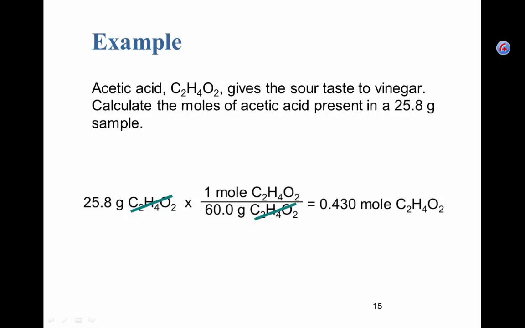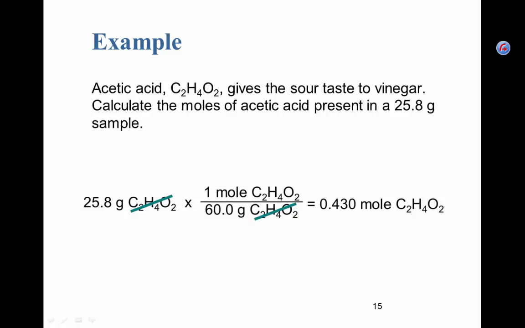So if I have acetic acid and I have 25.8 grams, so I'm going to start with 25.8 grams, and I would like to know how many moles I had, then I would use the molar mass. So I'd have to do 2 carbons, 4 hydrogens, and 2 oxygens, add that up off the periodic table, and that means there's 60 grams, which is what I got for my molar mass, and then I would take that and put it on the bottom so my units would cancel.